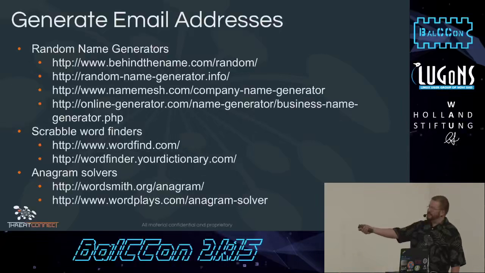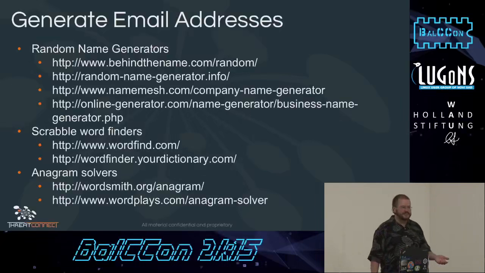Another thing, Scrabble word finder. If you like Scrabble, you can increase your Scrabble knowledge at the same time as you're making fake email addresses by looking through the Scrabble word finders, memorizing the words you're using, and creating email addresses with them. And then anagram solvers: put in a word, find all the different anagrams for it, and then create email addresses for that.